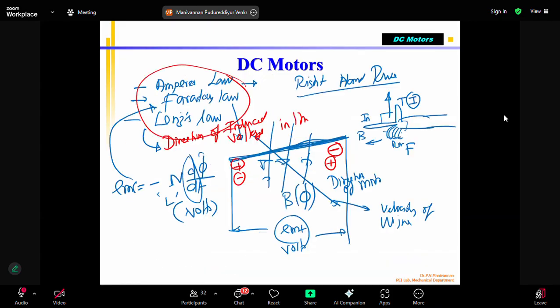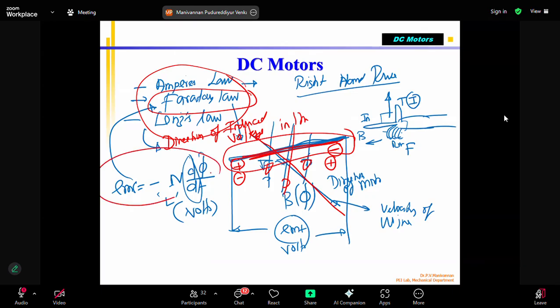Just now I told you what Faraday's law says. If there is a magnetic field with some flux density flowing from top to bottom, and a coil is moving perpendicular to this direction, a voltage is automatically induced. That voltage is proportional to the number of turns multiplied by the rate of change of flux. This is called Faraday's law.